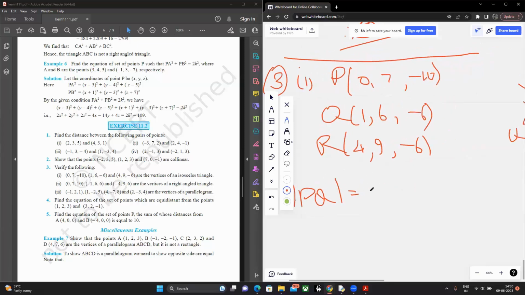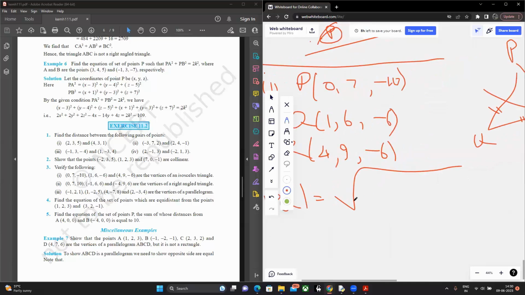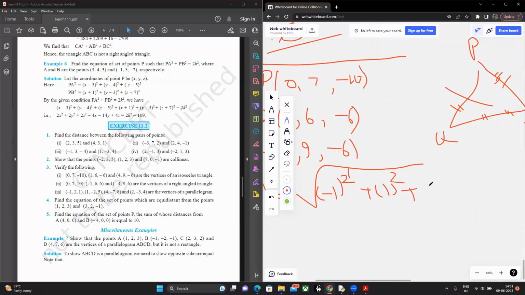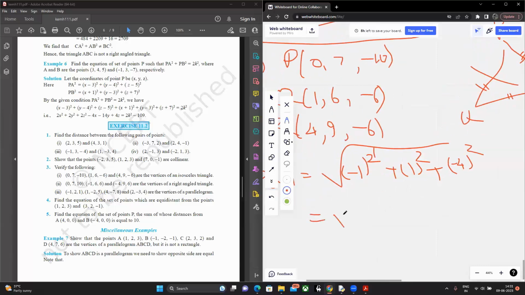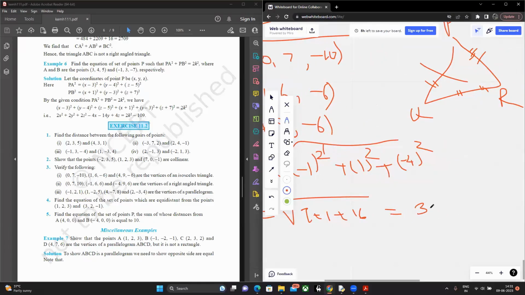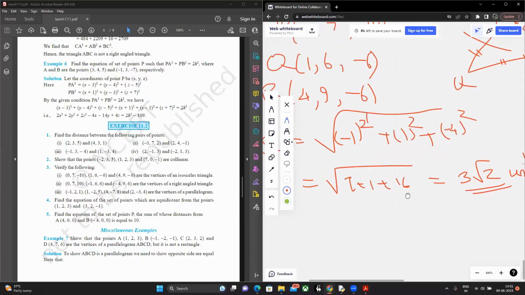Your mod PQ is going to be square root of 0 minus 1, that is minus 1 the whole square, plus 7 minus 6, that is 1 the whole square, plus minus 10 minus 6, that is going to be minus 4 the whole square, right? Which is basically square root of 1 plus 1 plus 16, that is root 18, that is basically 3 root 2 units, right?